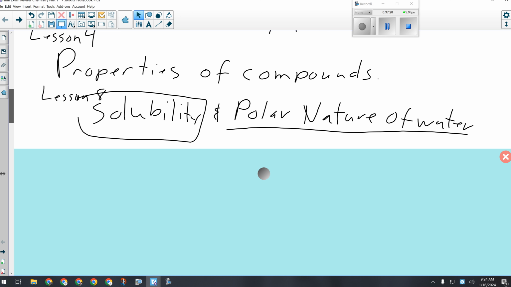There could be a multiple choice question that makes you use your solubility chart. Maybe I give you a reaction and I ask you which, if any, of the products are soluble or not soluble. You have to use your solubility chart to determine which ones would be soluble.